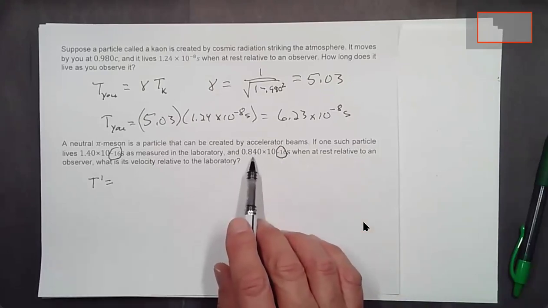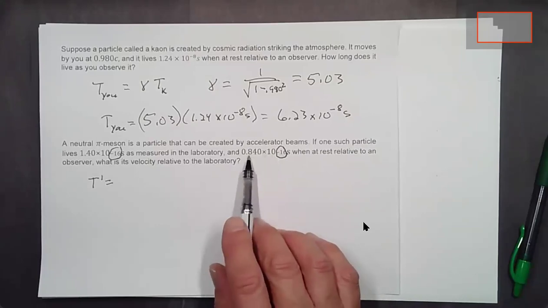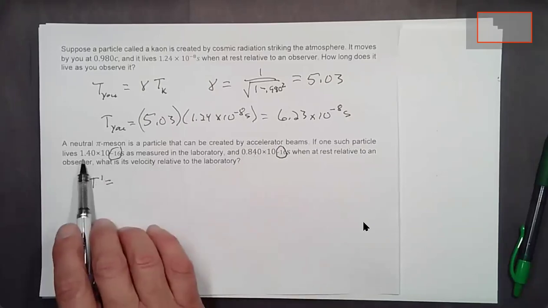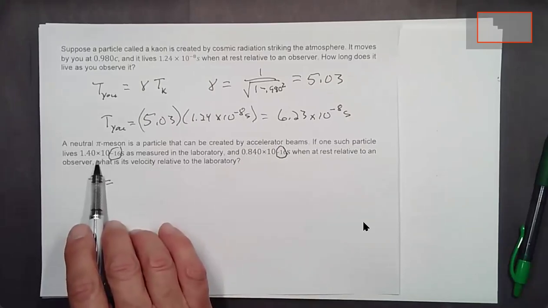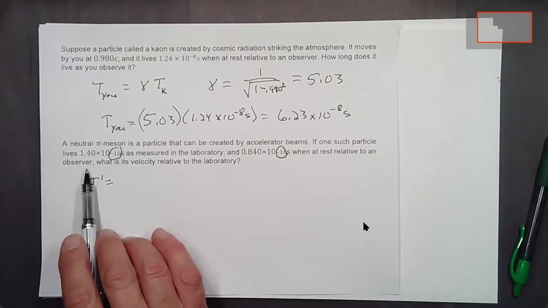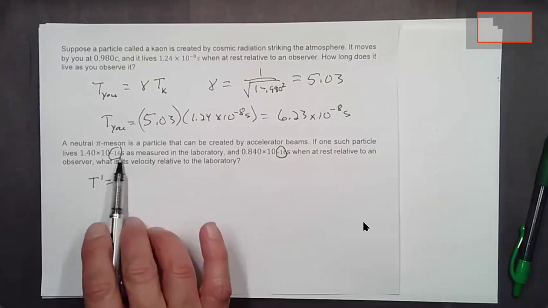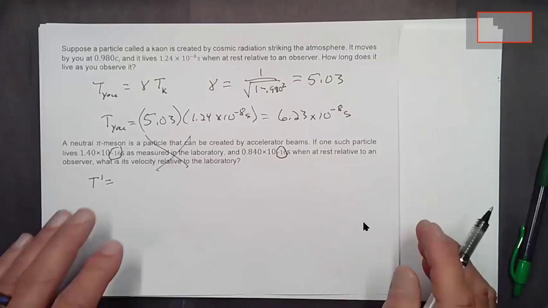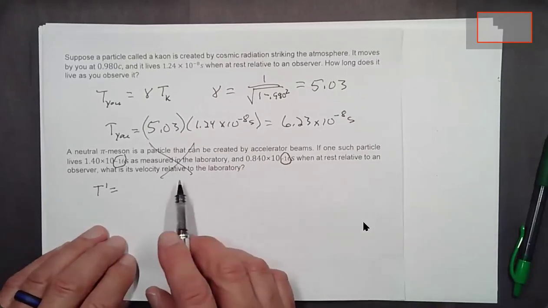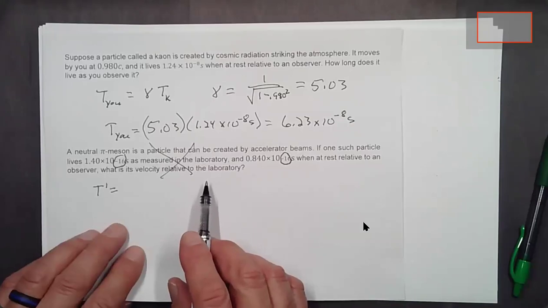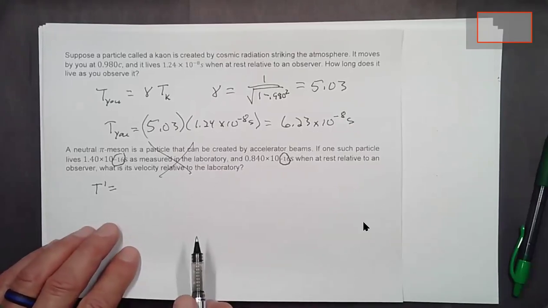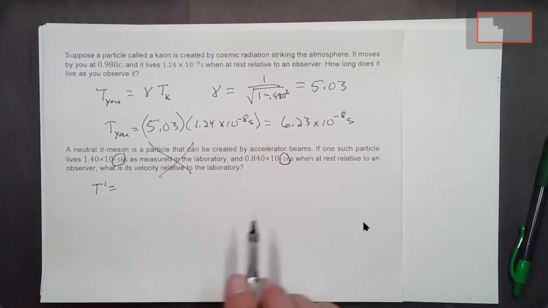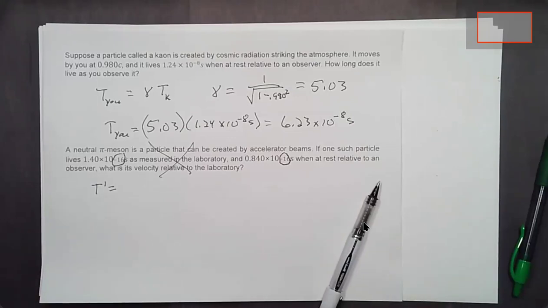This would be like its proper time, which in this case is longer than the thing that you'd see in the laboratory, which is usually the at rest time. So that doesn't make sense to me, that you don't have a moving clock that runs fast. So let's toss that out. I'm going to have to make sure I didn't miscopy that problem. That could be. Okay, or maybe that's just a weird problem.